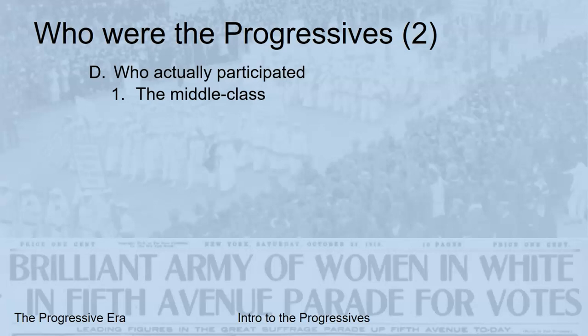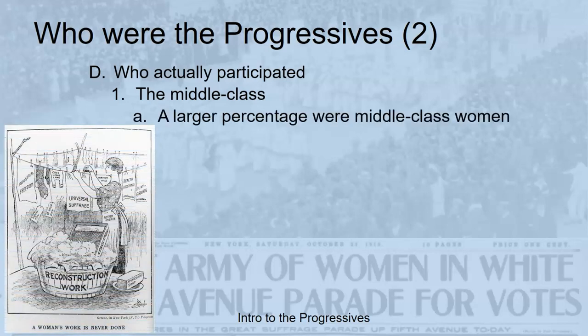Of course, a lot of the poor and the working classes are going to support these ideas because they're the ones that they feel are being exploited and are being treated unequally. But they don't have the time or the ability to get involved in some of these things. So it's the middle class. And actually, a lot of the people that are involved in the day-to-day work were middle class women.